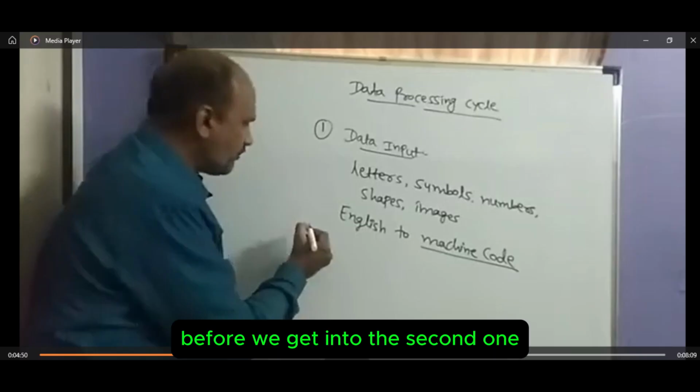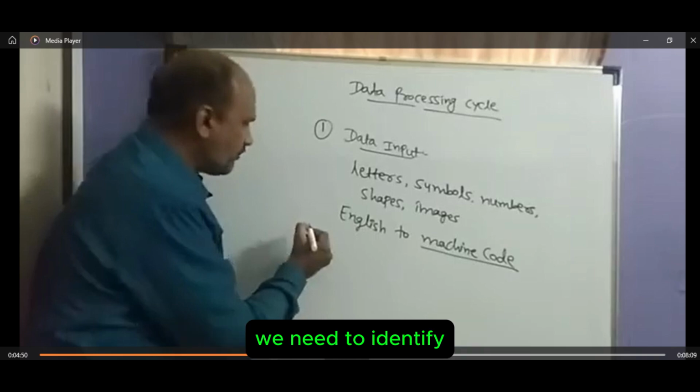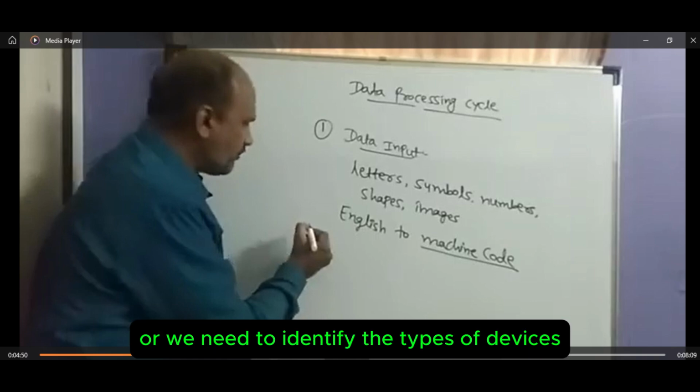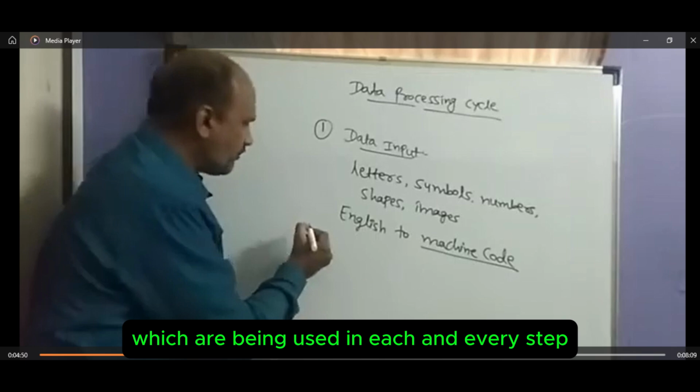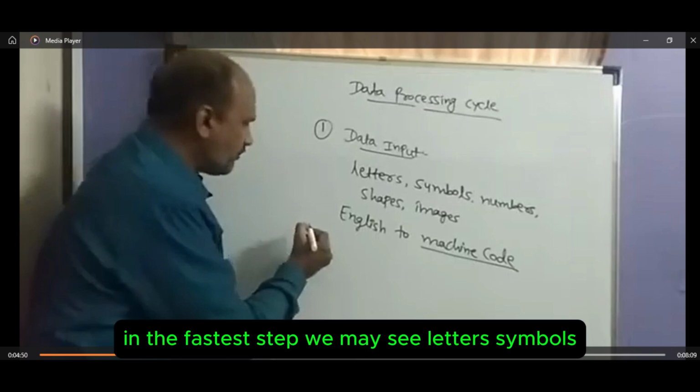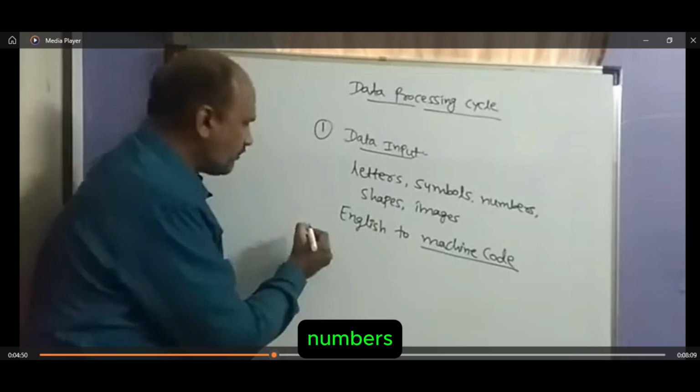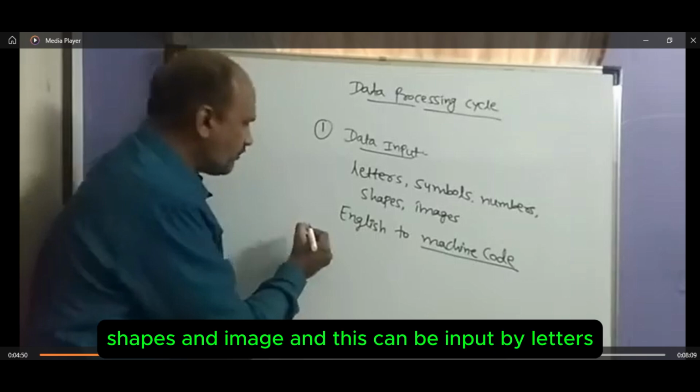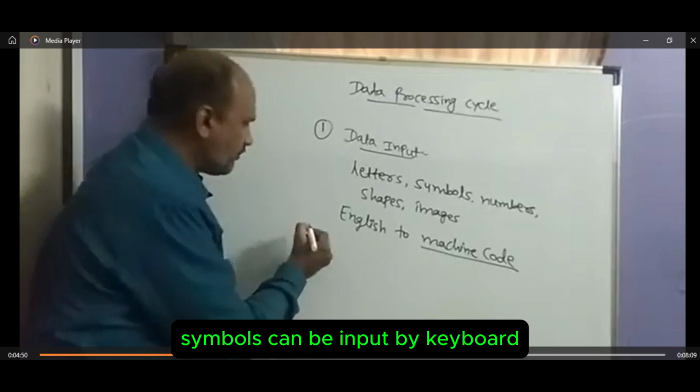Before we get into the second one, we need to identify the types of devices used in each step. In the first step, we may see letters, symbols, numbers, shapes, and images. Letters and symbols can be input by a keyboard.